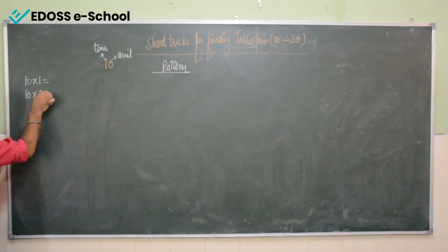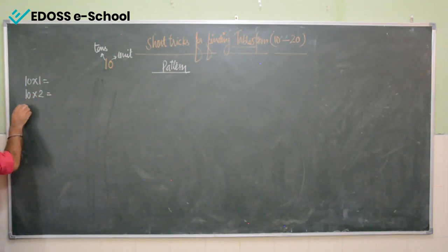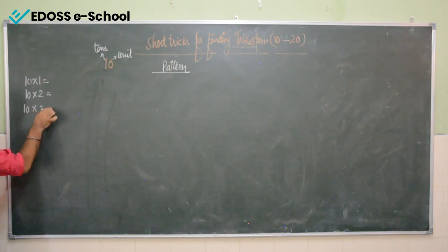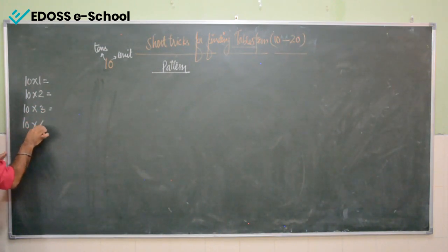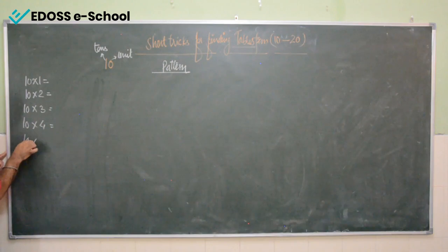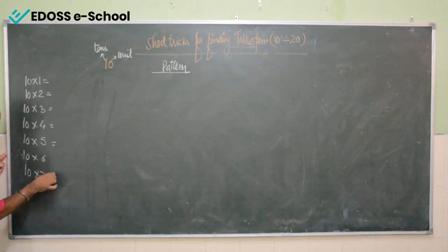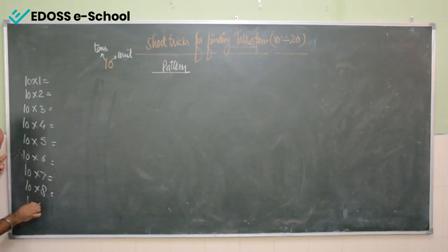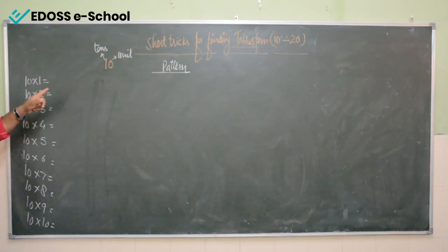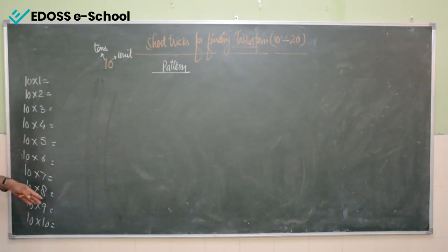Suppose I am not writing the answer here, I will apply the trick. 10 into 3, 10 into 4, 10 into 5, 10 into 6, 10 into 7, 10 into 8, 10 into 9, and 10 into 10. The last one will be 10 into 10, and the first one is 10 into 1.